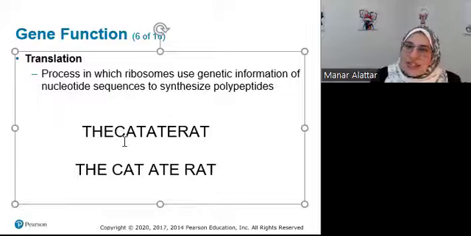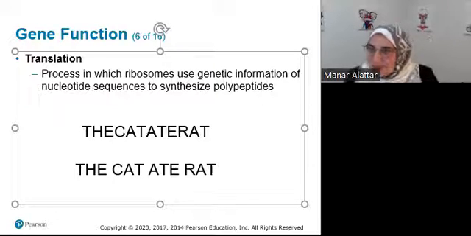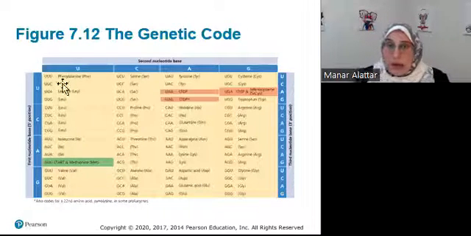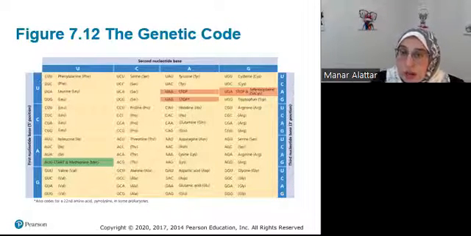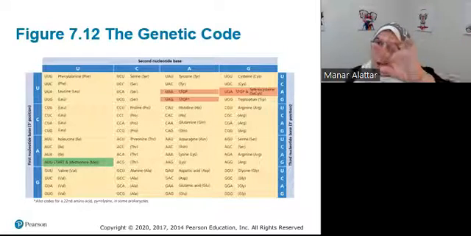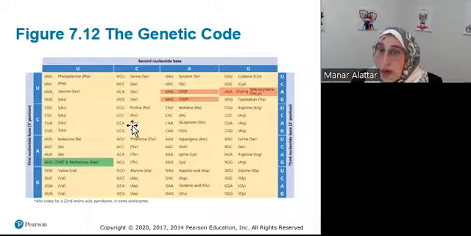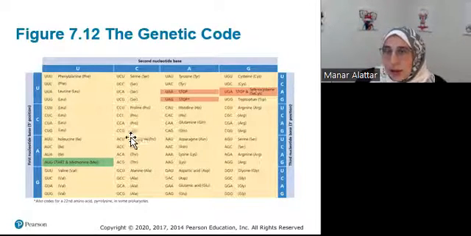So, THECATATERAT, the cat ate rat. In that same way, when we look at a sequence of mRNA, we can look at the series of nucleotides that are represented, and we can read out an amino acid very specifically, or what are called start and stop codons.